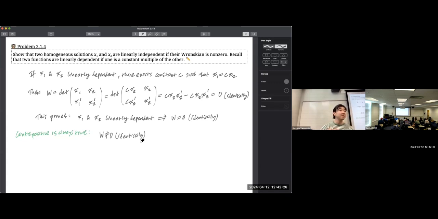Identically means that it has to be 0 the whole time. This is just saying it doesn't have to be non-zero at all points. As long as it's not 0 everywhere, then we're good. That implies that x1 and x2 are not linearly dependent. But not linearly dependent is the same as being linearly independent, right? So this is the contrapositive.